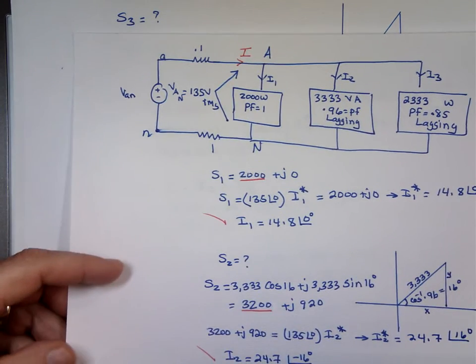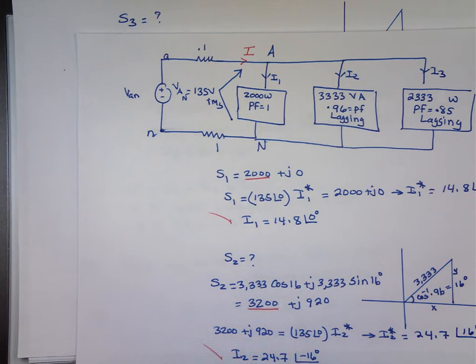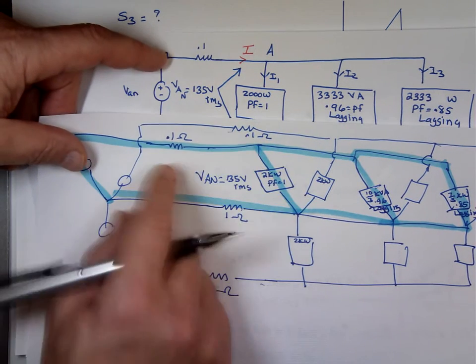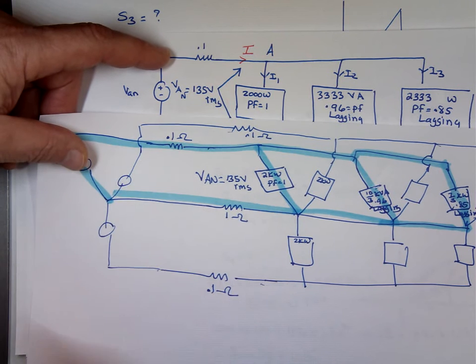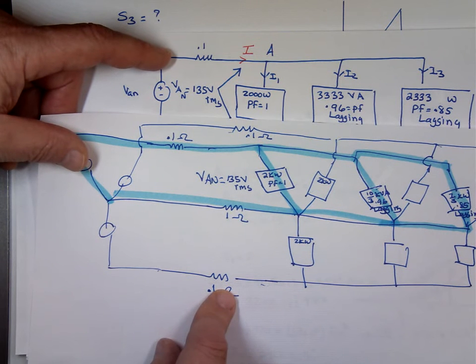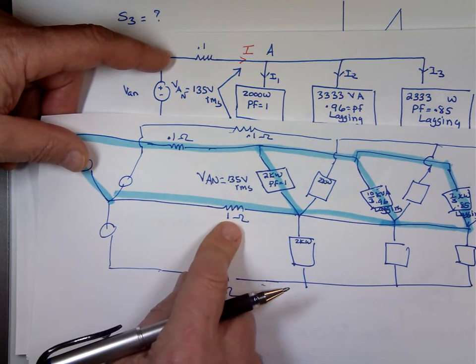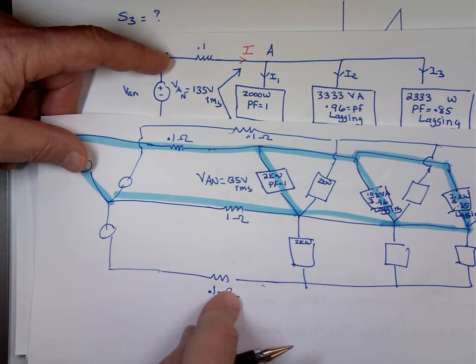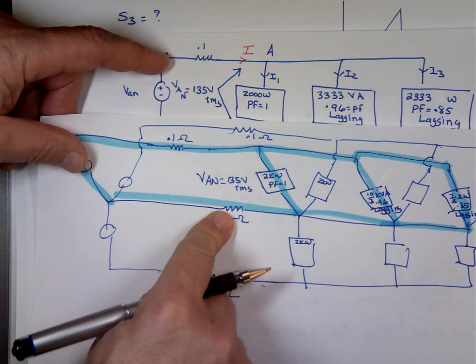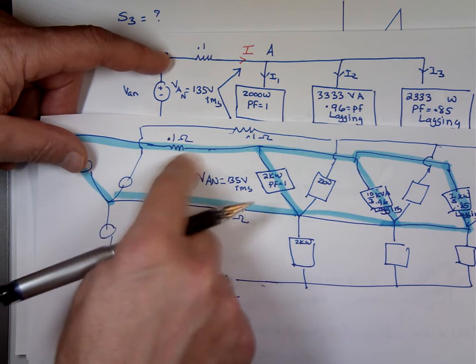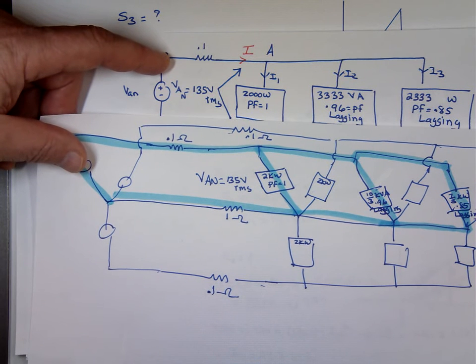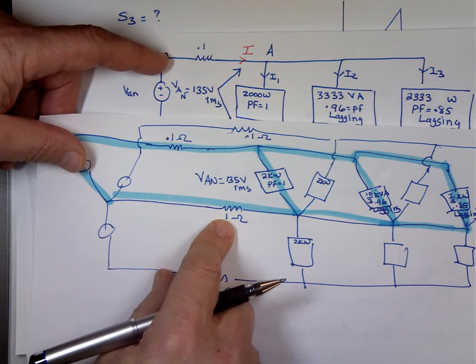There's a 0.1 here. So there's power loss. There's a 0.1 here. There's power loss. There's a 0.1 here. There's power loss. And there's one 1 ohm resistor. Only one. There's 3 of these, and there's 1 of these. Let's find out how much power is lost through one of these. Then multiply it by 3 to find the total of them. Find the power lost here, and add them, and that's the power lost by the line.